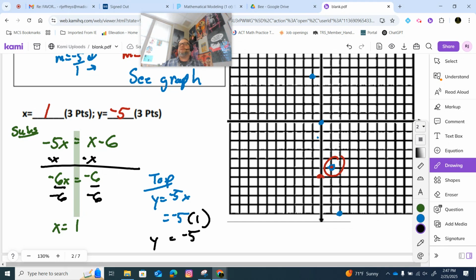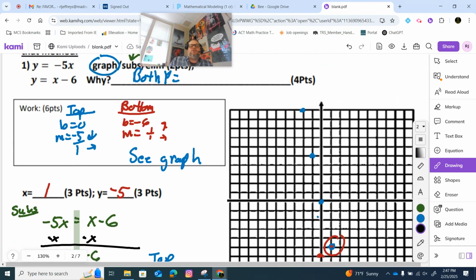So there's two different ways. I could have used elimination. I kind of don't want to right now, but those are definitely the two ways. You should have either way both answers.